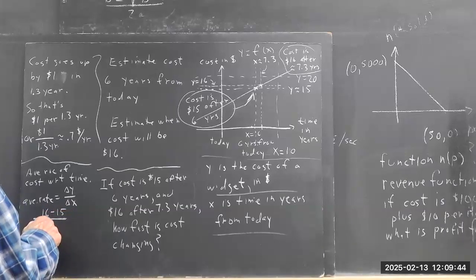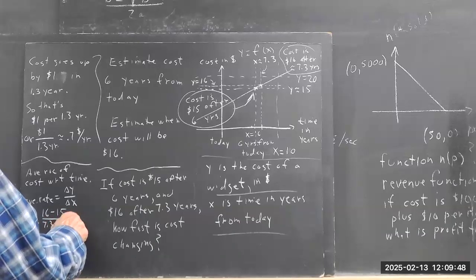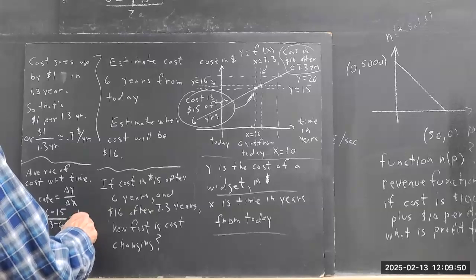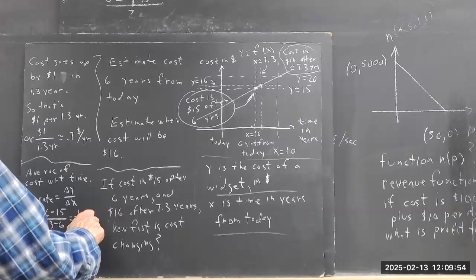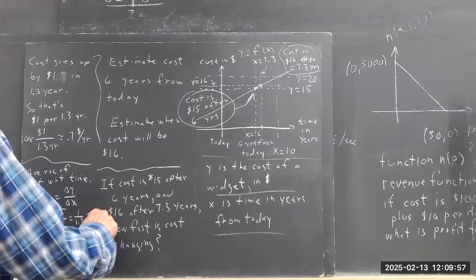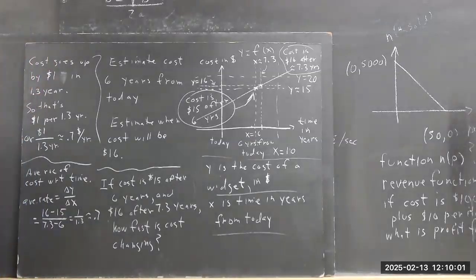X goes from 6 to 7.3. Approximately equal to 0.7. Might actually be closer to 0.8. Figure it out. Okay.